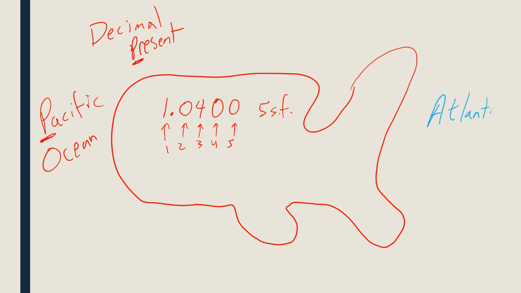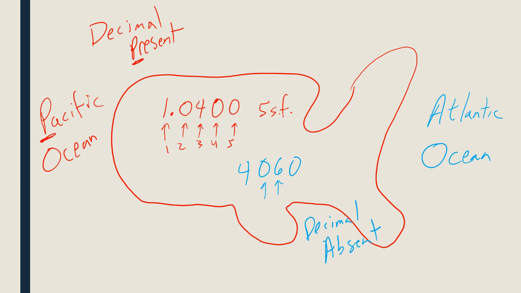If, however, you're coming from a decimal absent, so a number like 4060, okay, there's no decimal here, so decimal absent, then you start at the Atlantic side and you start counting at the first non-zero number.